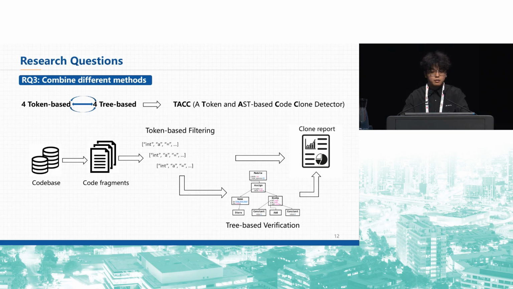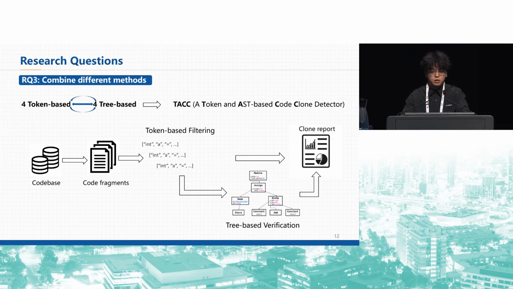We combine the different token-based and tree-based algorithms and select the most suitable one, and finally developed it into a tool called TACC, a token and AST-based code clone detector. And this is the overview of TACC.